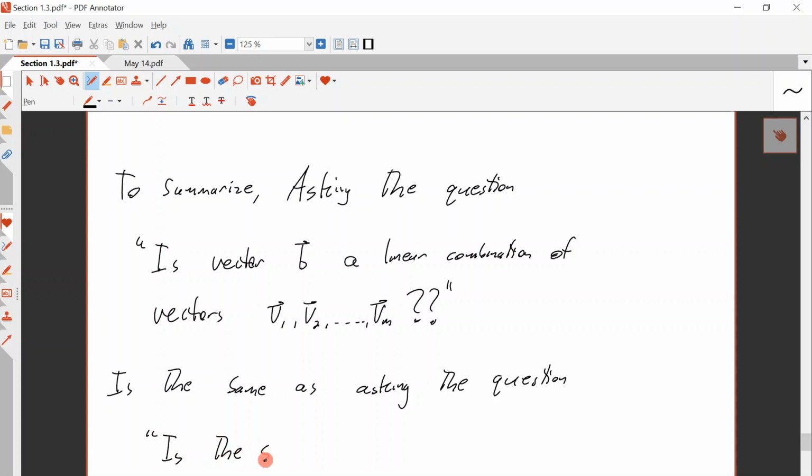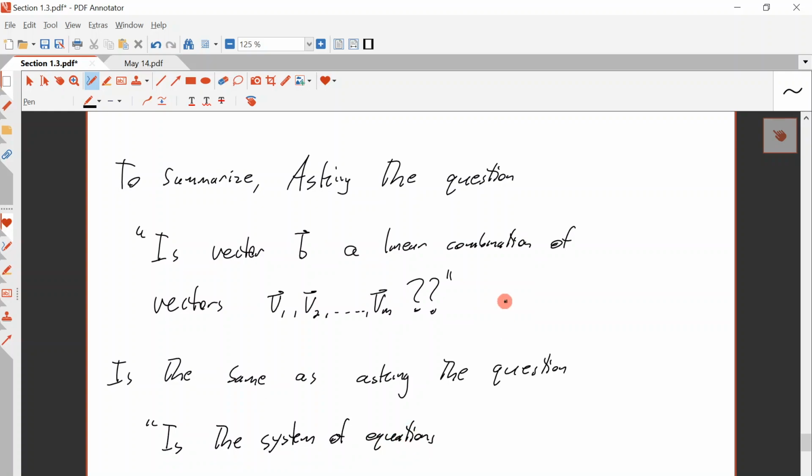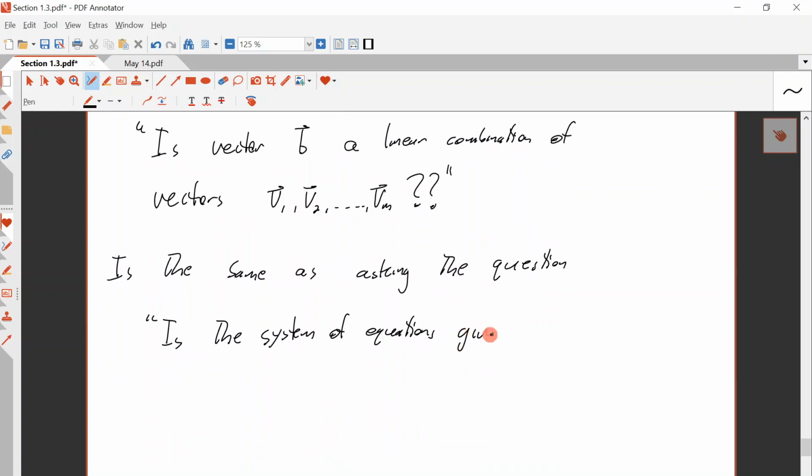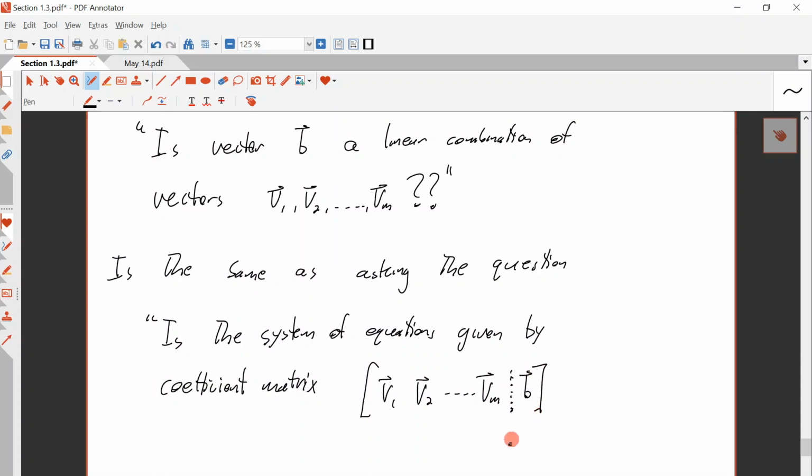is the system of equations given by the coefficient matrix with first column V1, second column V2, last column Vm, and then a little dotted line for the equals, and then vector B there, consistent?